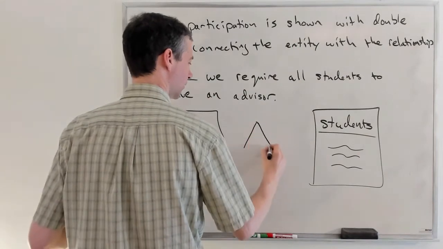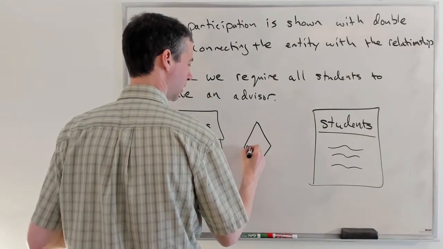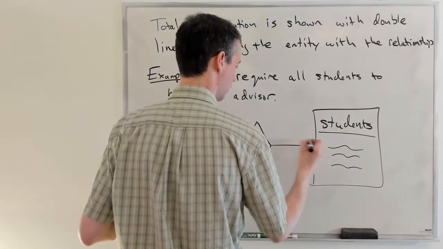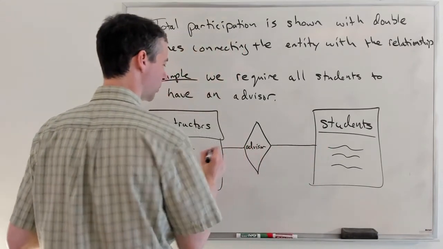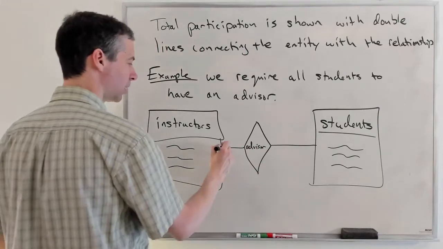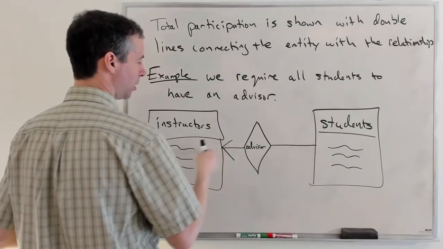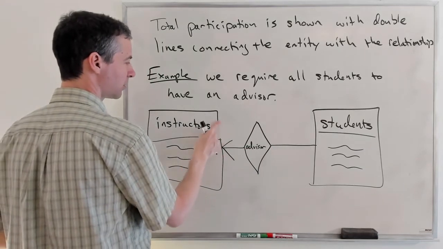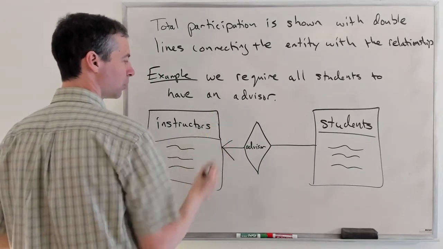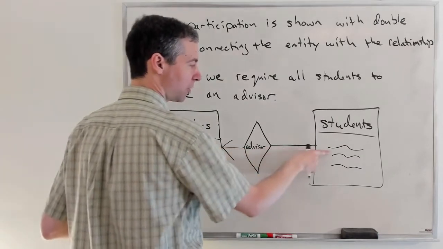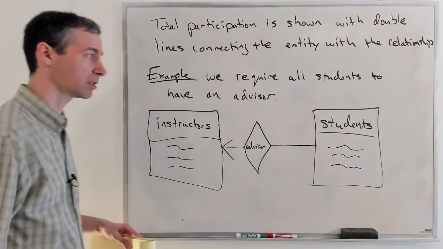We have our advisor relationship here in the center. We've drawn this line between them. We figured out the cardinality, which is one student maps to one instructor as an advisor. One instructor maps via advisor to many students. So we've got our cardinalities.